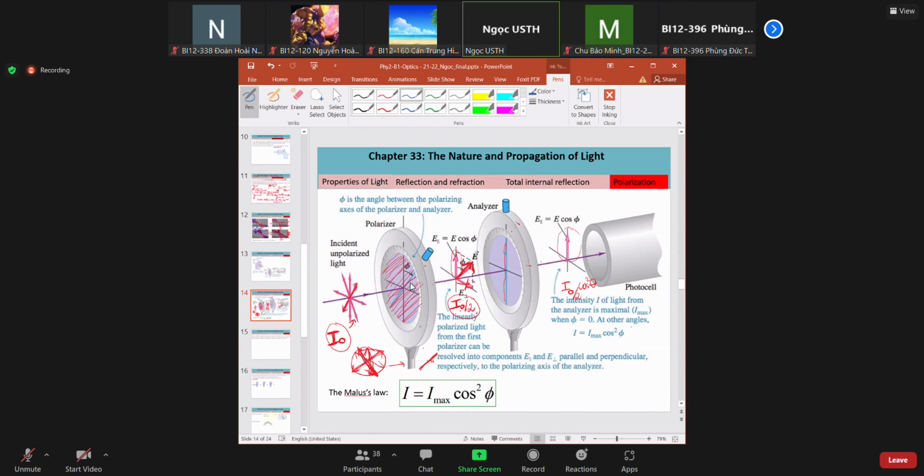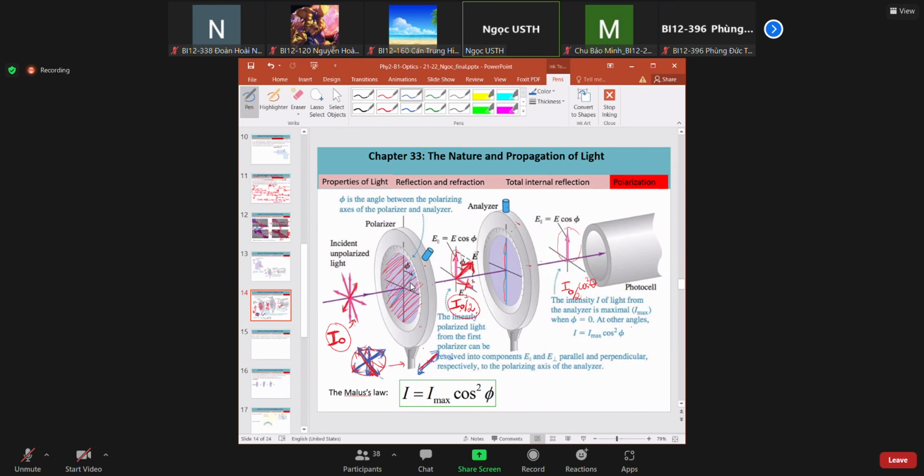I will repeat. Here is the polarizer. All of this will get through, and nothing perpendicular will get through. But for this one, a part of it can get through. Why? You can decompose it into two components. The first component is perpendicular to this, the second one is parallel.